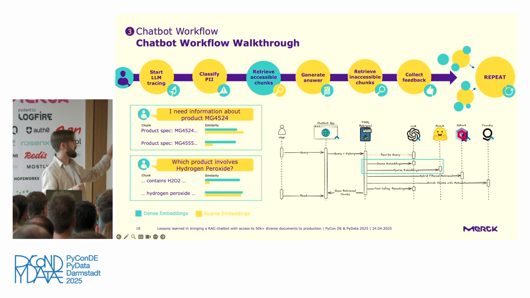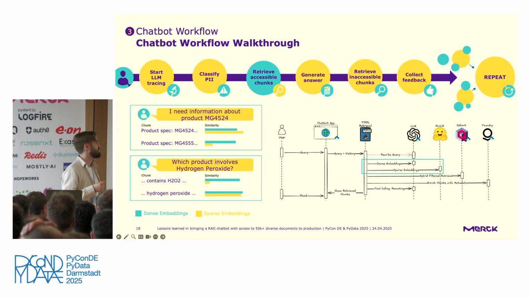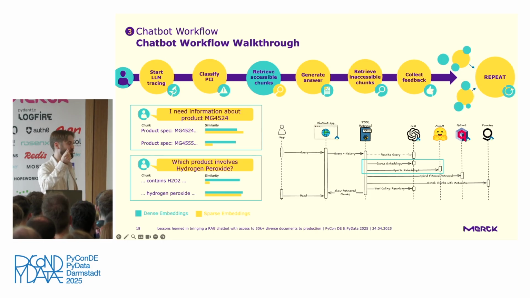Then with dense embeddings from OpenAI, for example, you will get a really high similarity match for a document that contains MG4524, but you will also have a super high similarity for a document that contains MG455. So both of these are really similar, just a small change in terms of the product identifier, and this is where the sparse keyword-based embeddings really come into play.